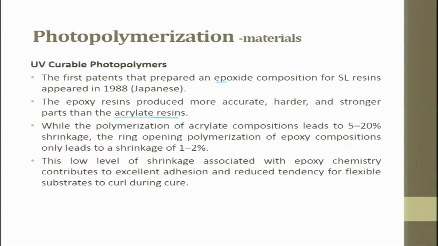So, while the polymerization of acrylate composition leads to 5 to 20% shrinkage, the ring opening polymerization of epoxy composition only led to the shrinkage of 1 to 2%. Then people started getting away from this acrylate based photopolymerization to epoxy composition photopolymerization.